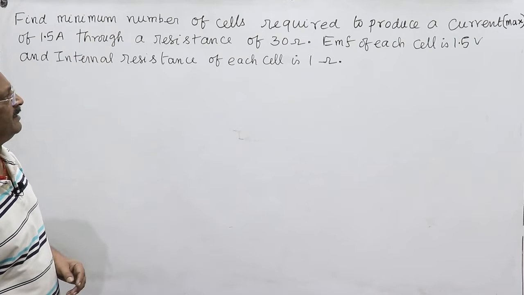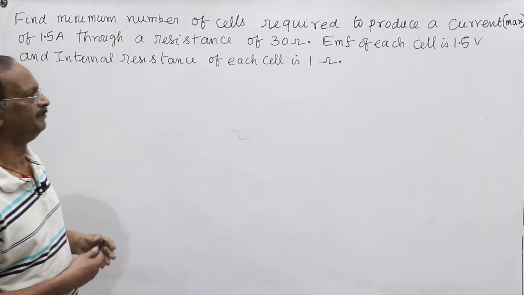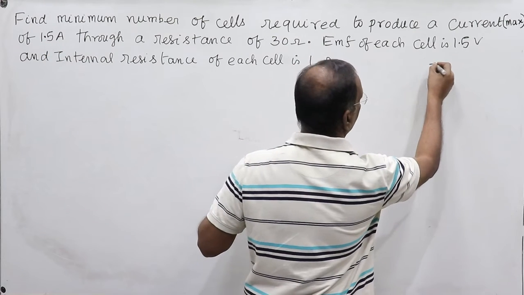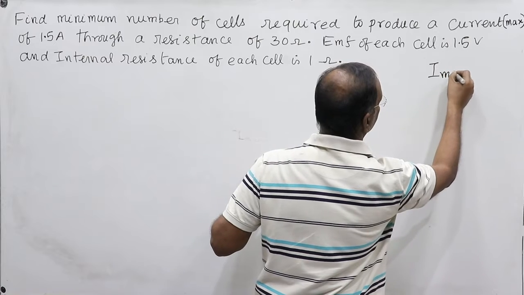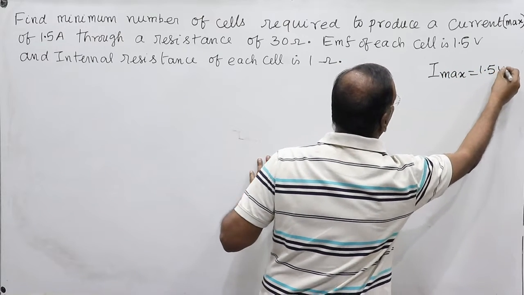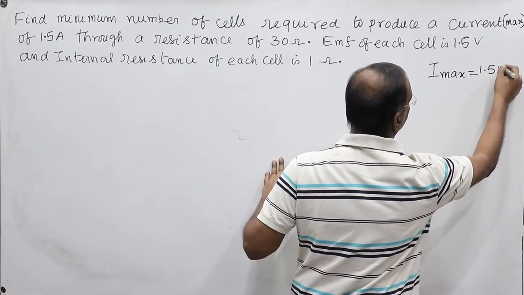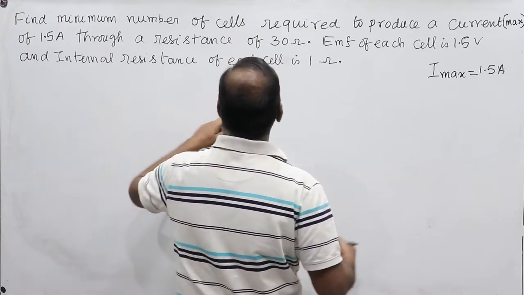Find the minimum number of cells required to produce a maximum current of 1.5 ampere through a resistor of 30 ohm.